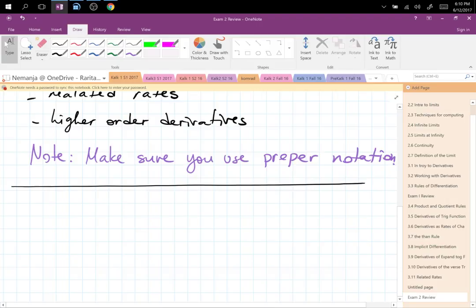Beautiful. Find the derivative for the square root of x to the 4th plus y squared is equal to 5x plus 2y cubed.